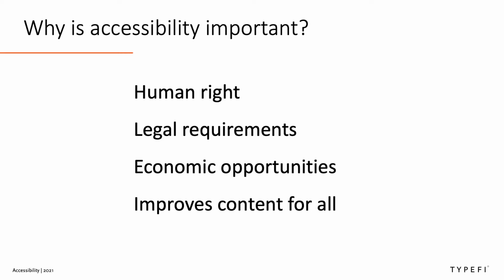Moving on to economic opportunities, approximately 10% of the population suffer from some disability, and 1 in 30 EU members experience sight loss, which translates into a significant number of people currently excluded in the EU alone. In the United States, people with disabilities earn $1 trillion, and 7% of US lawyers have a disability.